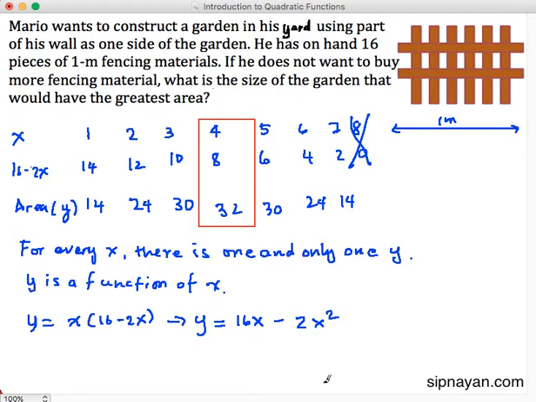Tama ba? X times 16 minus 2x, so magiging 16x minus 2x squared. And in fact, since y is a function of x, this is a relationship of a function. At napapansin nyo, meron siyang x squared, di ba?